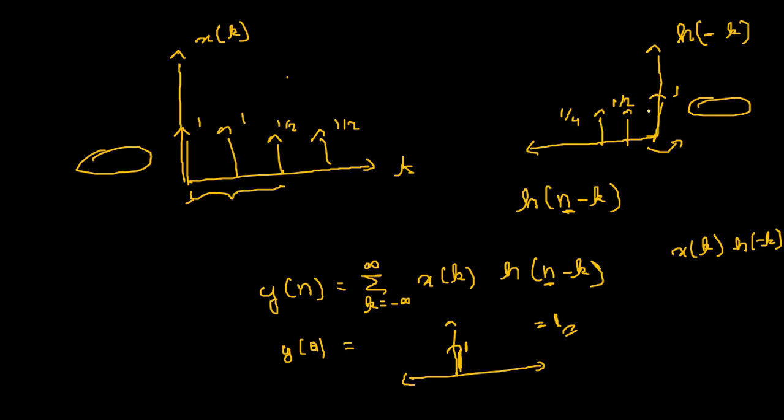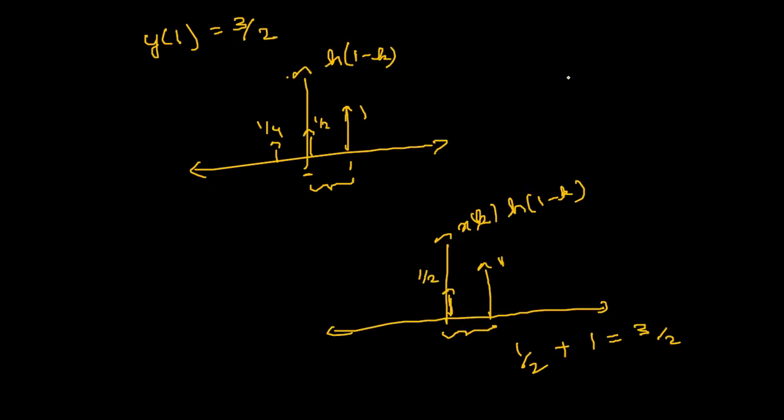So we multiply these two graphs and sum up all of the individual responses. Then what we do is we keep x of k fixed. We shift h of minus k by 1 unit. So h of 1 minus k. And again we multiply h of 1 minus k with x of k. And the new product that we get here, we again sum up the responses.